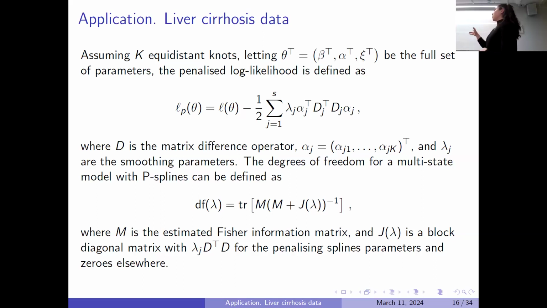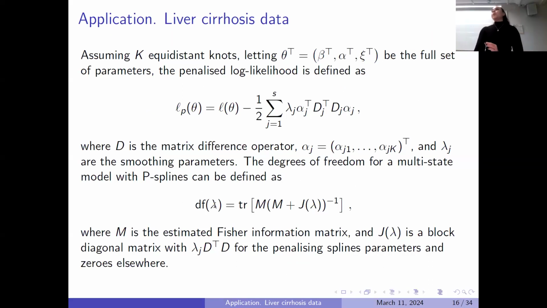So this slide is just to say how the penalization and the degrees of freedom of the model vary. If you have a small penalization, then you're allowing for more flexibility within your curve. Whereas if you have a high penalization, then it looks more like a straight line. So the degrees of freedom vary depending on the penalization as well.